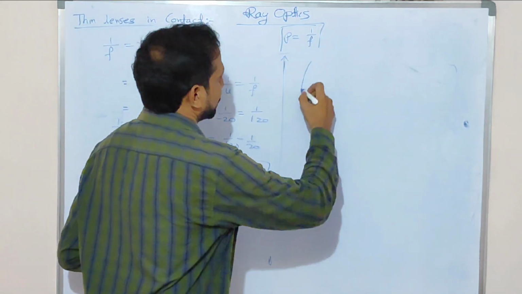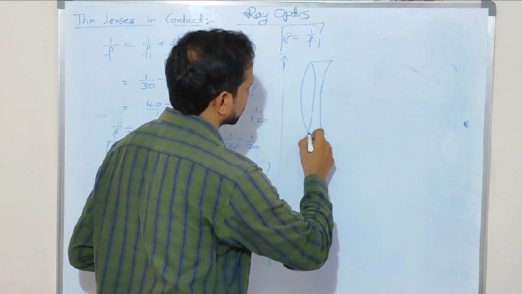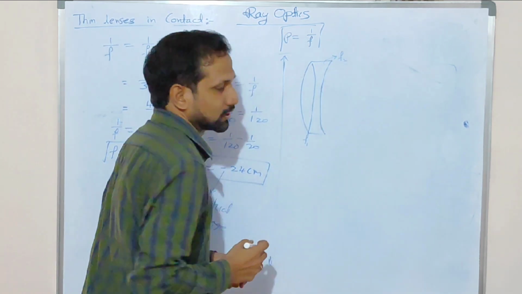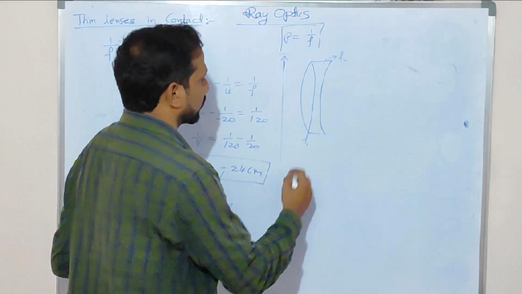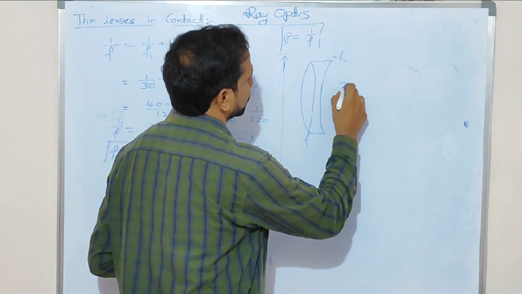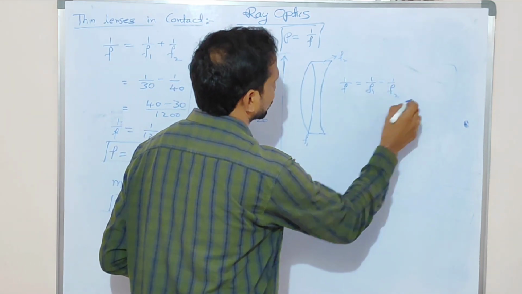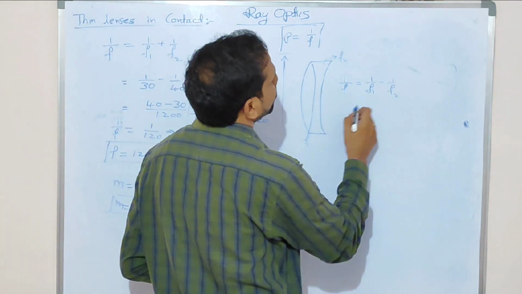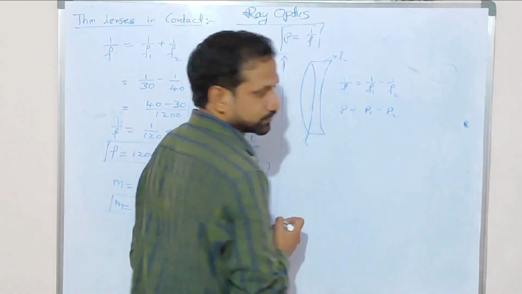If there is a convex lens and a concave lens of focal lengths f1 and f2, this combination we call an achromatic doublet, and the effective focal length is 1 by f equals 1 by f1 minus 1 by f2, because f2 is negative. Otherwise we can say the power P equals P1 minus P2.